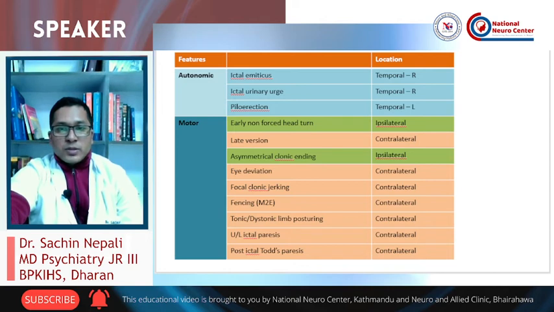In motor symptoms, if there is early non-forced head turn or asymmetric clonic ending, then that could lateralize ipsilaterally. And if the head turn is late version and there is eye deviation, focal clonic jerking or fencing, tonic or dystonic limb posturing, unilateral ictal paresis, and post-ictal Todd's paresis, then the lesion is on the contralateral side.